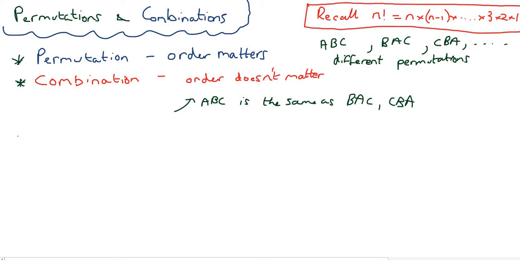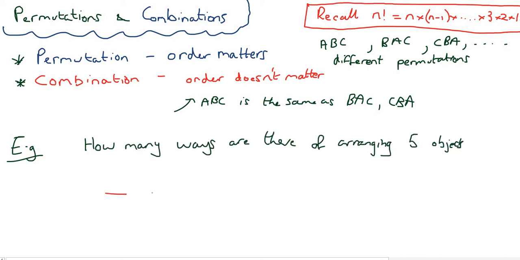Okay, so let's start with a little example of a permutation, and this will actually allow us to derive the formula for permutation. So let's say, how many ways are there of arranging 5 objects? If we imagine this is our first place, this is second, this is third, this is fourth, and this is fifth, well, we have 5 objects, so in the first spot we have 5 ways which we can arrange.